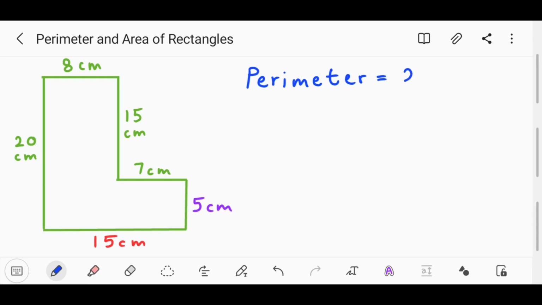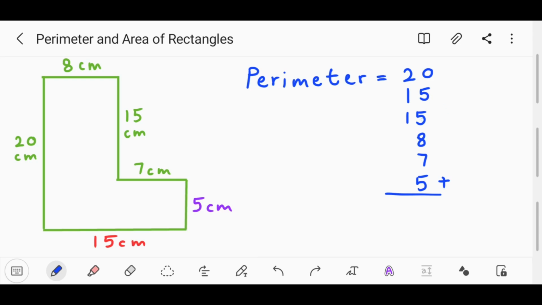So I'm going to start with the largest: 20 plus 15 plus another 15 plus 8 plus 7 plus 5. Just to check if we have included everything: 20, 15, 15, 8, 7 and 5. Now that we've reconfirmed that, let's add up.